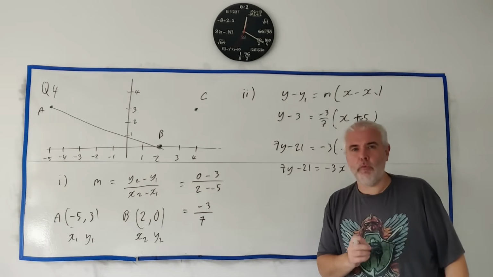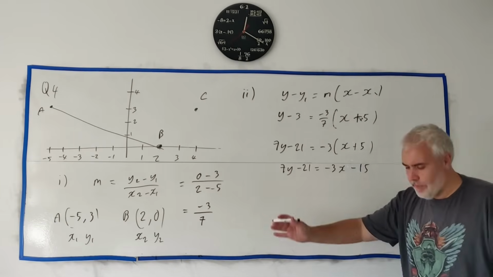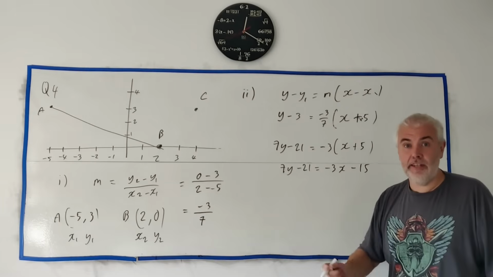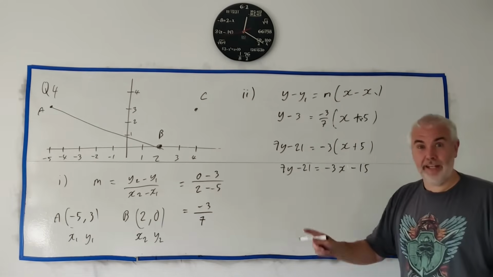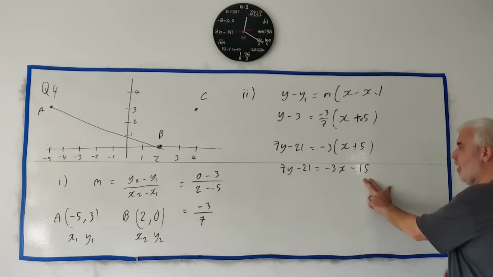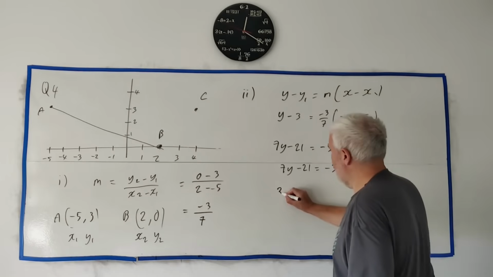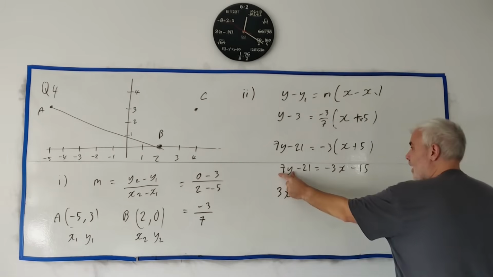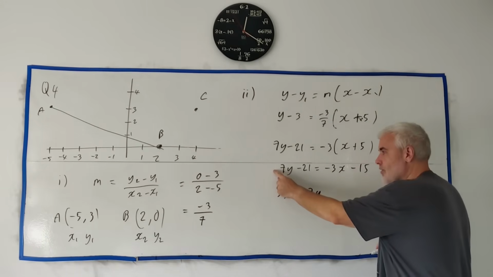Just one last thing. They wanted it in a fairly standard form. They wanted the x first, then the y, then the number, then an equals, then a 0. They want everyone on the left. So let's go ahead and do that. We'll move this over to the left. It was a minus, becomes a plus. We'll leave the 7y where it is. It's a plus 7y. There's no plus there, but it is a plus 7y.